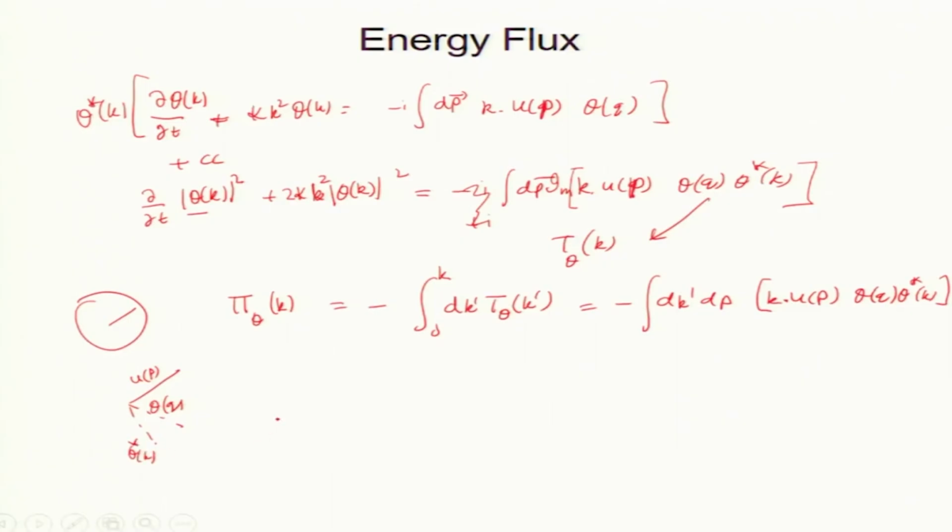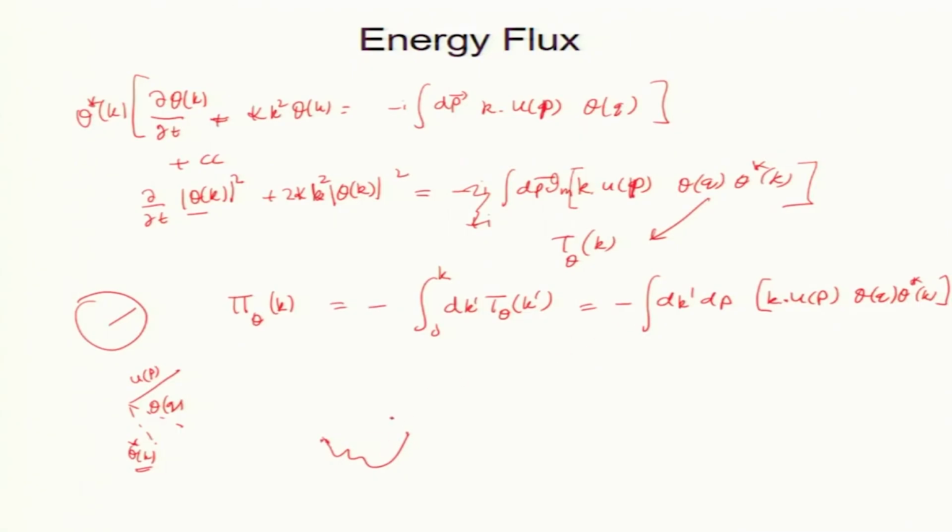I do not do anything on u, but I am going to expand theta. To zeroth order, this will be 0. These are random fields, so they will give 0. I need to go to the next order, the first order. So, I will get the Green's function for theta k. There is a star there, but do not worry about that part. There is a vortex here which I will ignore.